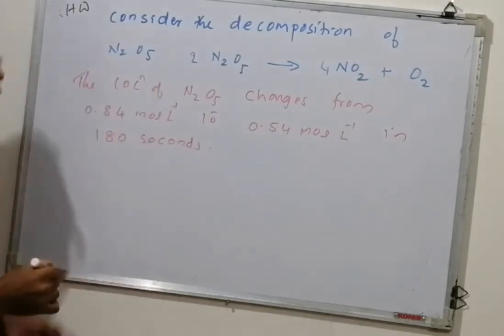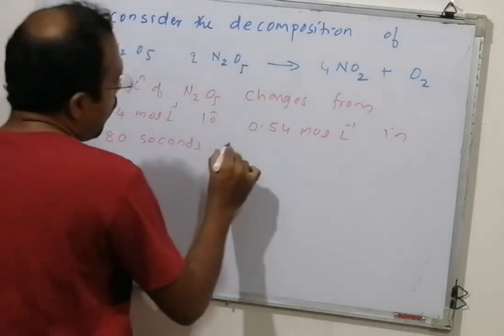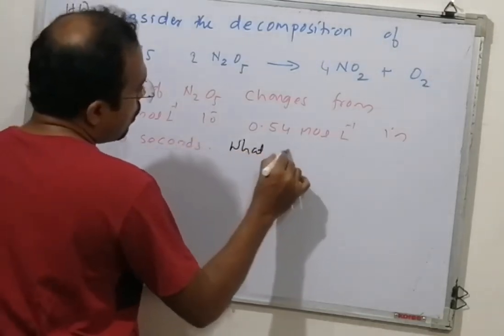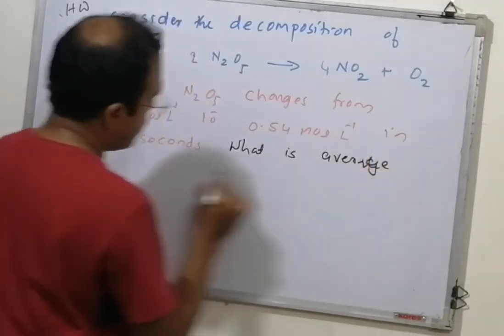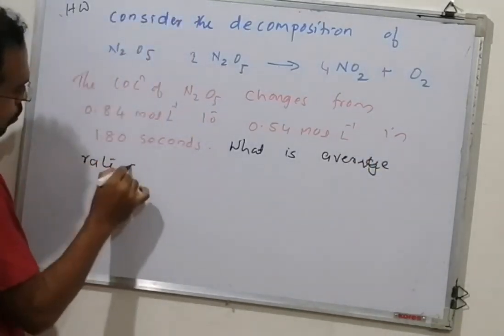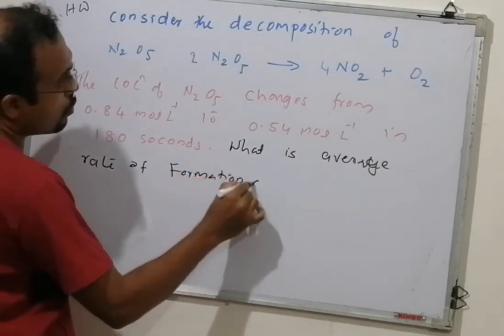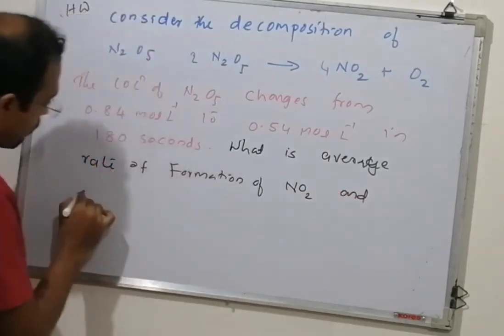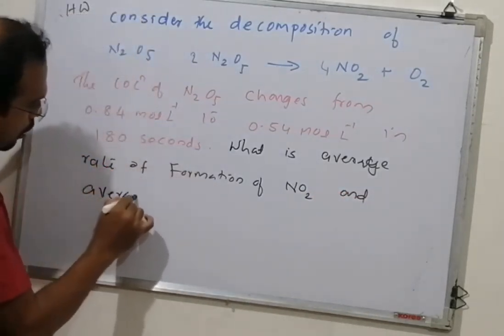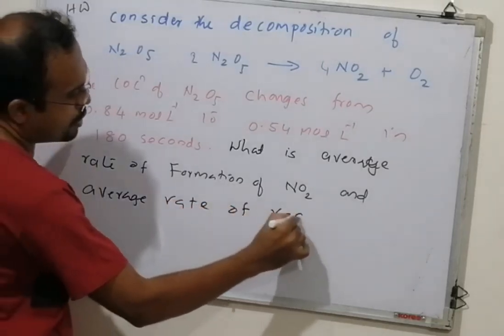Okay, concentration change. What is the average rate of formation of NO2 and the average rate of reaction?